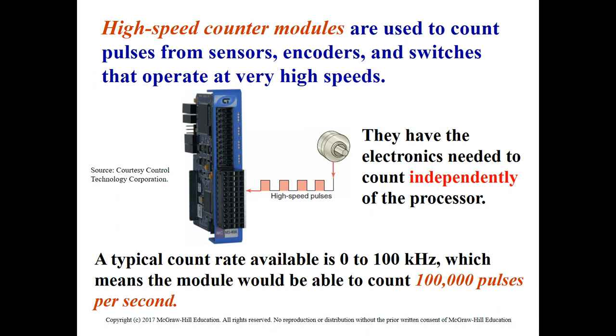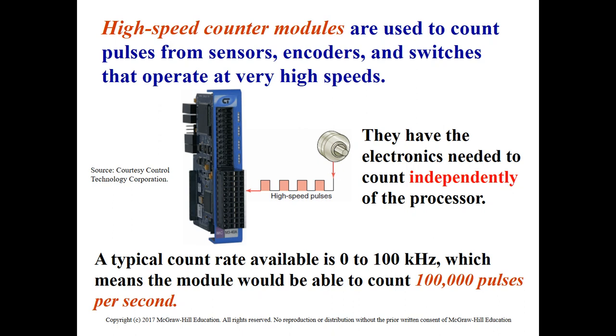One of these modules is the high-speed counter module, which is used to count the pulses from sensors, encoders, and switches that operate at very high speed. The normal or ordinary interface, either input or output, cannot receive the data from such high-speed devices.